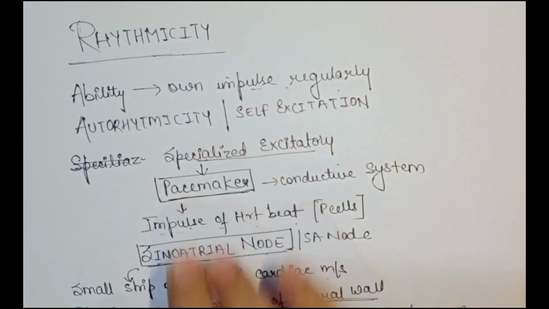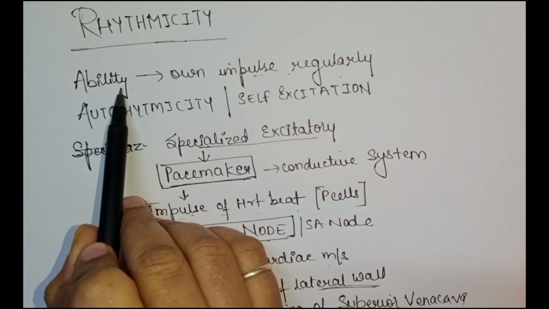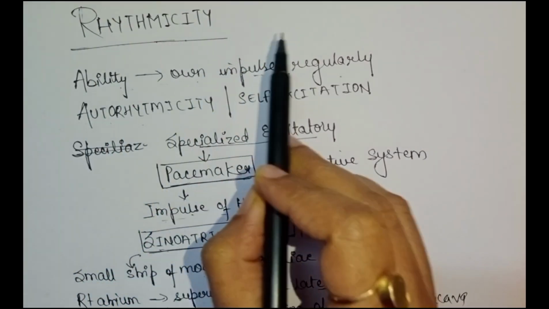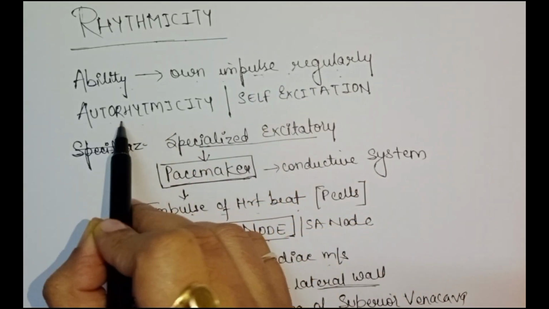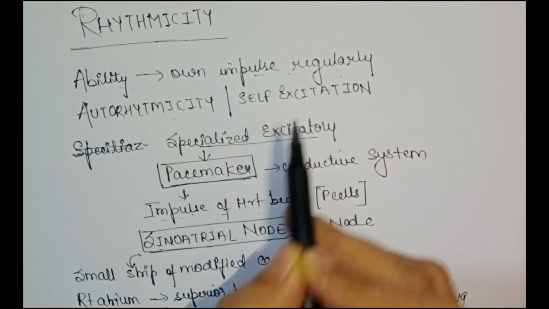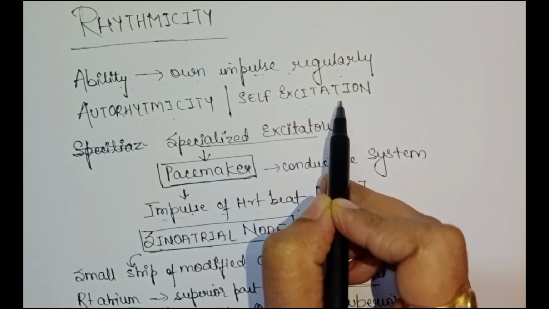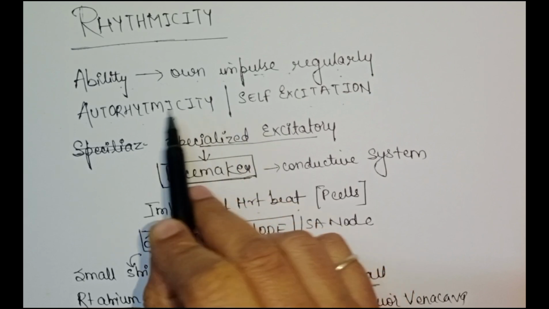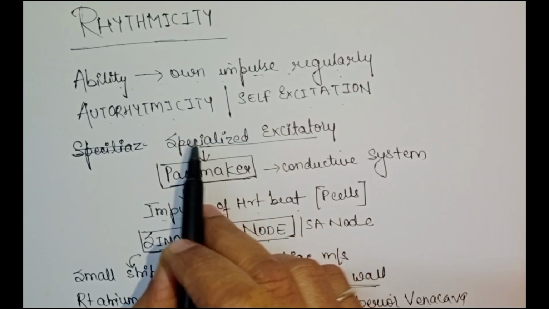So before moving further, let's revise rhythmicity. What is rhythmicity? Rhythmicity is the ability of a tissue to produce its own impulse regularly. Therefore, it is also called autorhythmicity or self-excitation. The property of rhythmicity is present in all tissues of the heart.